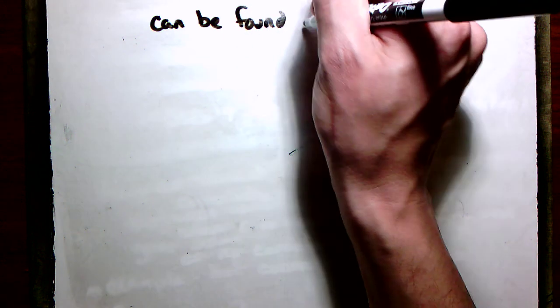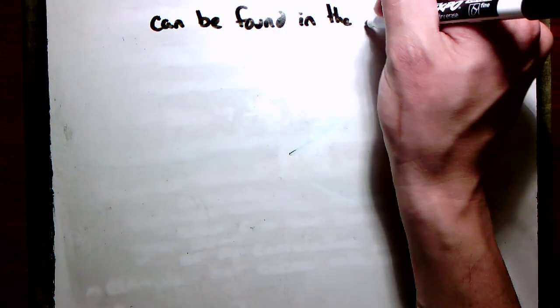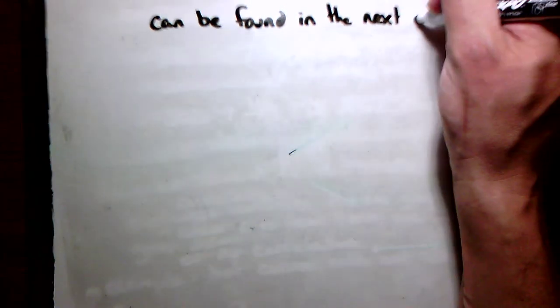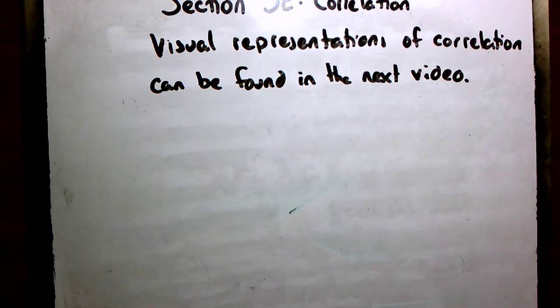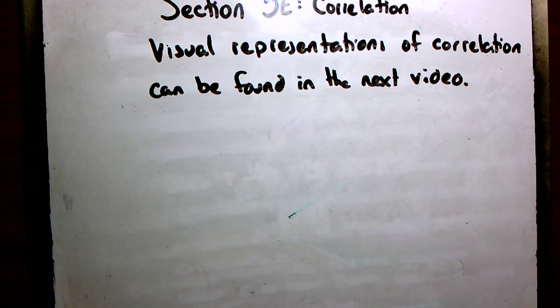So visual representations of this concept, correlation, can be found in the next video. If it helps for you to pause this video, jump into the next video for some examples, and then jump back, that's perfectly fine. We have one more concept to discuss before I go into that next video.